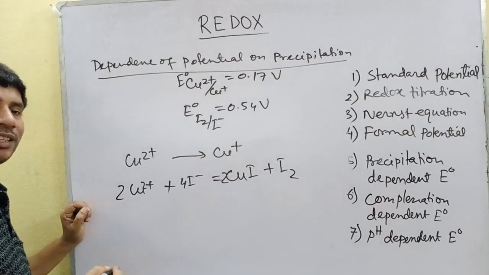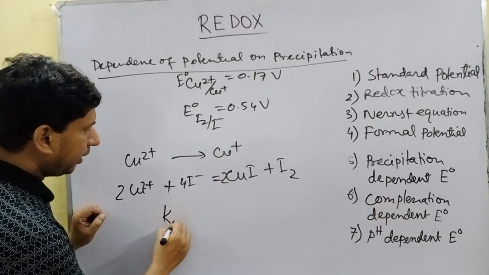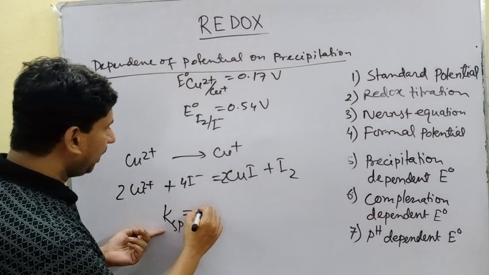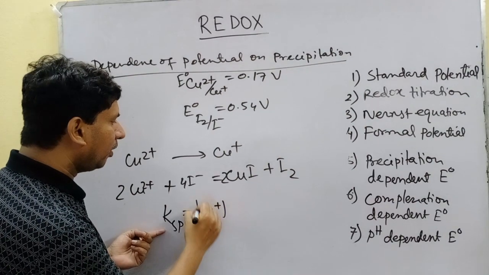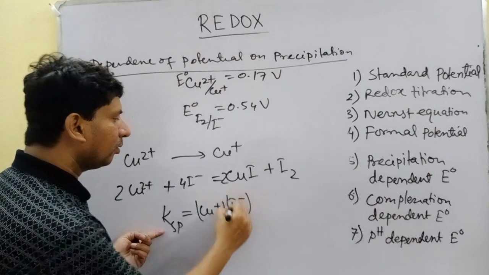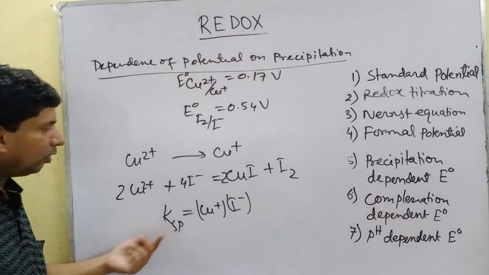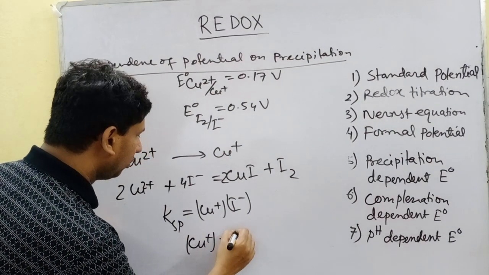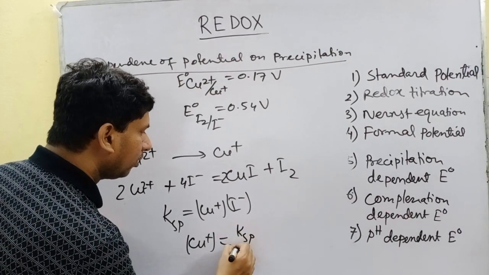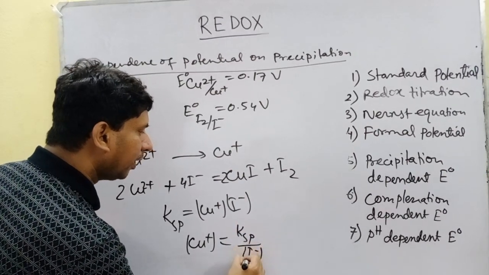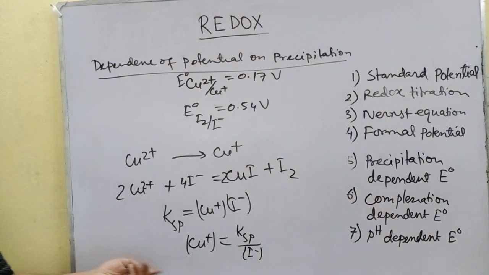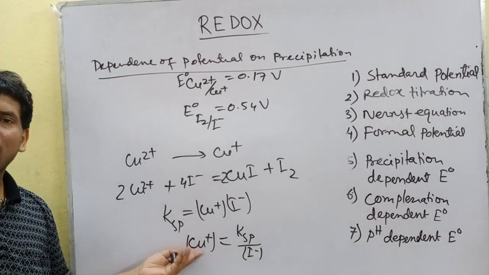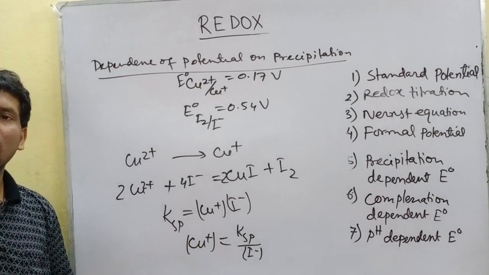We know KSP, that is the solubility product, meaning Cu plus ion times I minus ion. Then the value of the Cu plus ion equals KSP by I minus ion. So this is the value of the Cu plus ion.